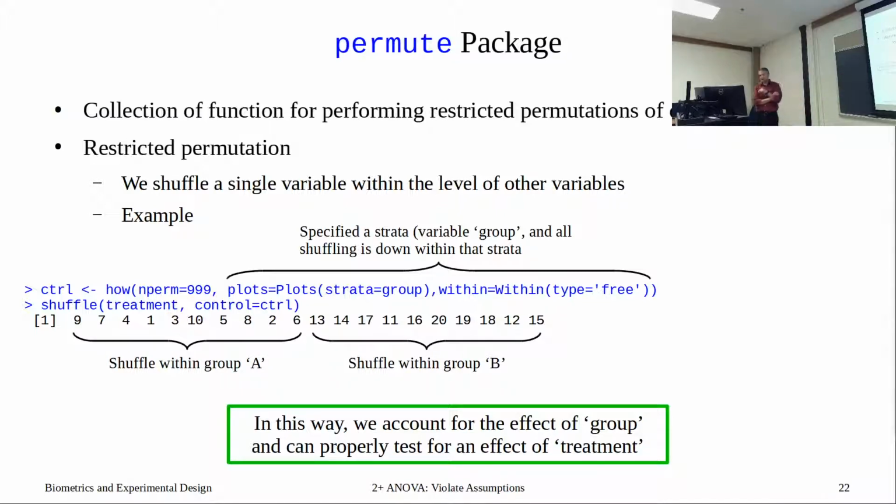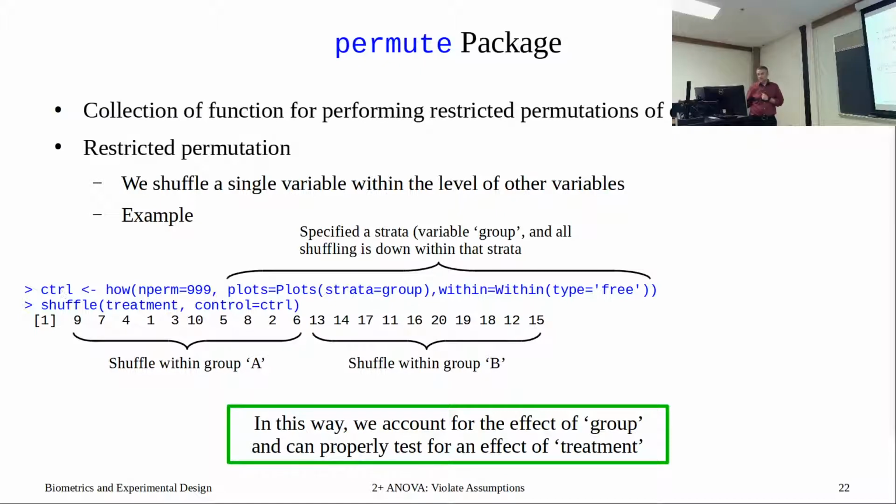All right, so what we would use is specify how we're actually going to generate our restricted permutations. And we're going to use this first line here. All right, so CTRL is basically your control. We're going to specify our subset, how we're going to kind of group our data before we do our shuffling.